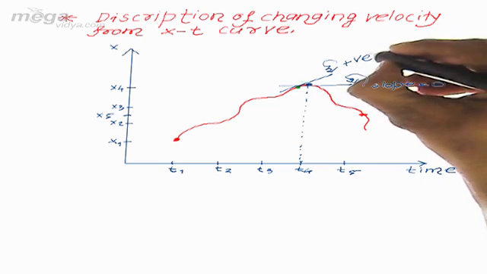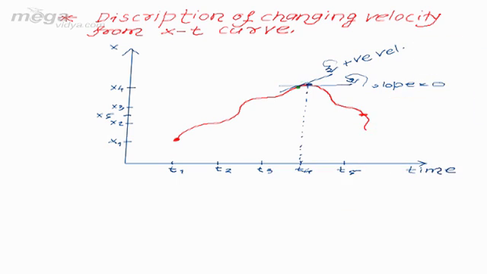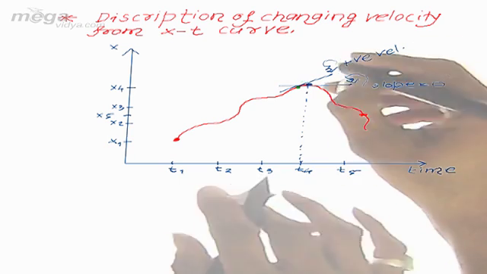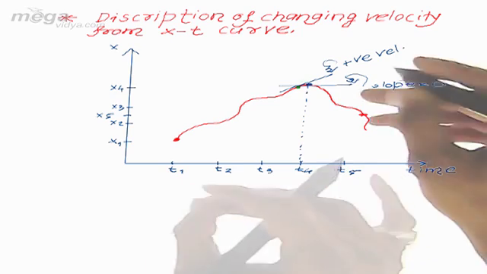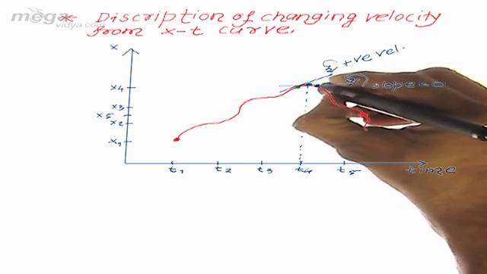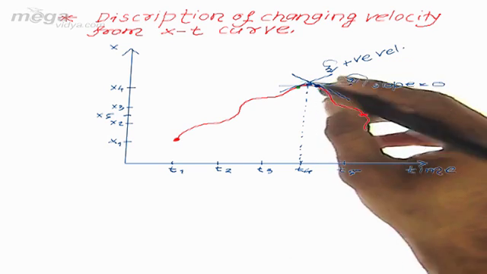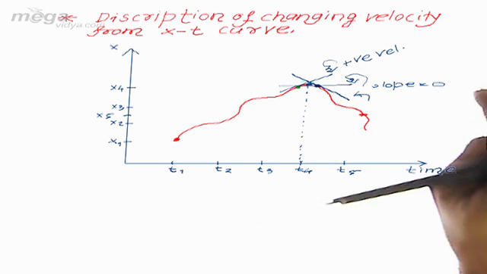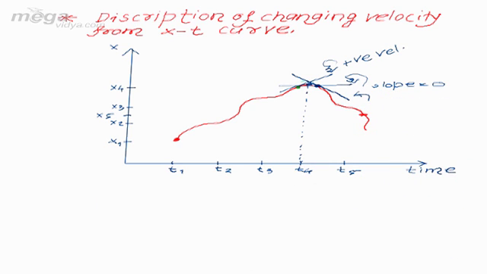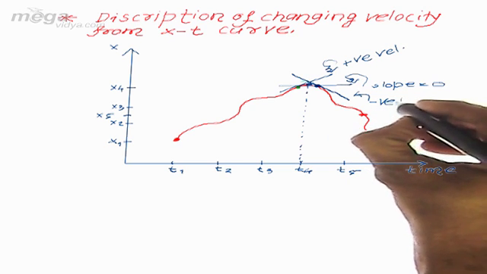So this point indicates positive velocity because the slope of the tangent is positive here. While for a time a little longer than t4, the tangent drawn at this point has a negative slope because it forms a negative angle with the positive time axis. So here the particle has negative velocity.